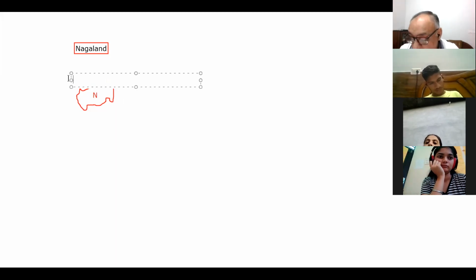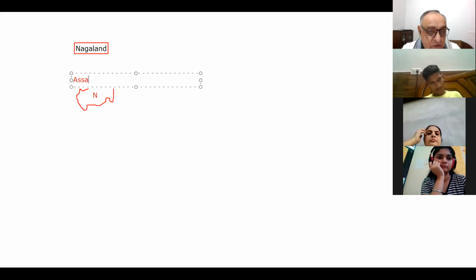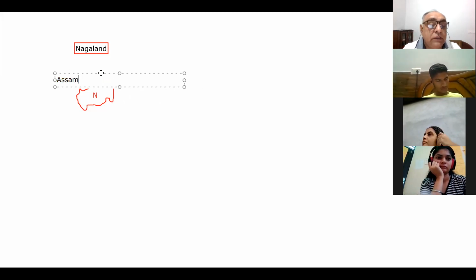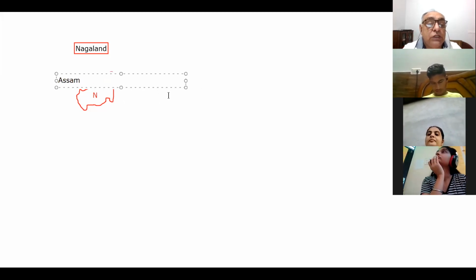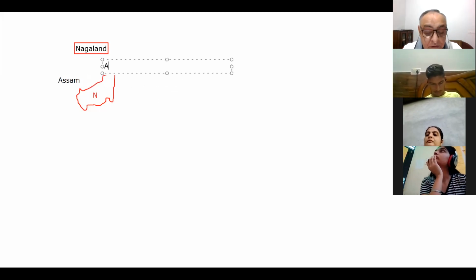On the western side of Nagaland, there is Assam. And on the northern side of Nagaland is Arunachal Pradesh.